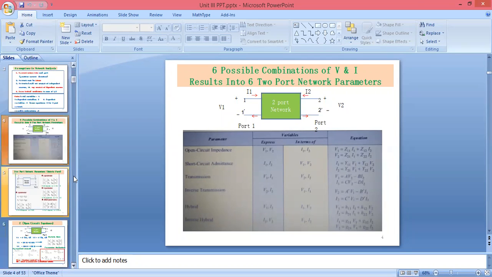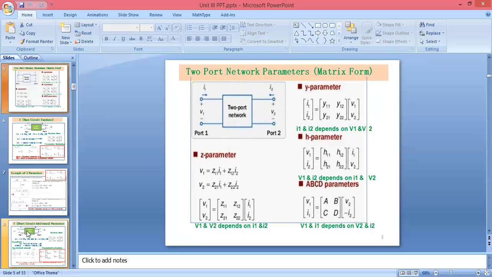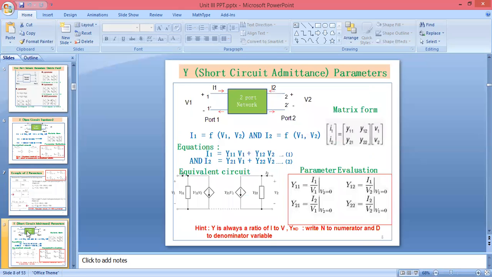In yesterday's session, we saw the H parameter. We can write this parameter in the form of a matrix, and the variables which depend on the others we call dependent. So in today's session, we have to see the Y parameter.